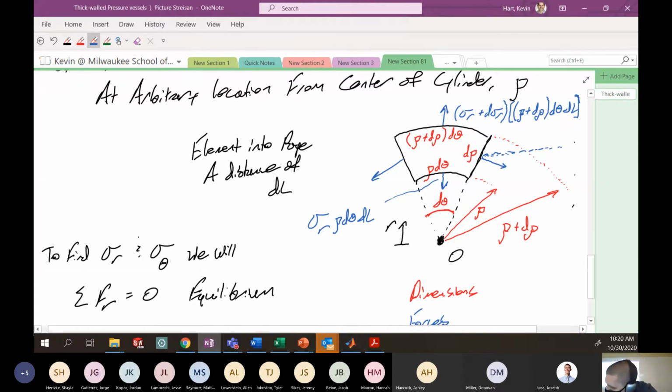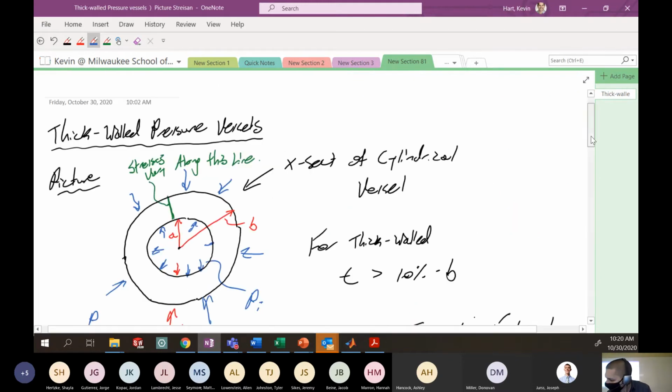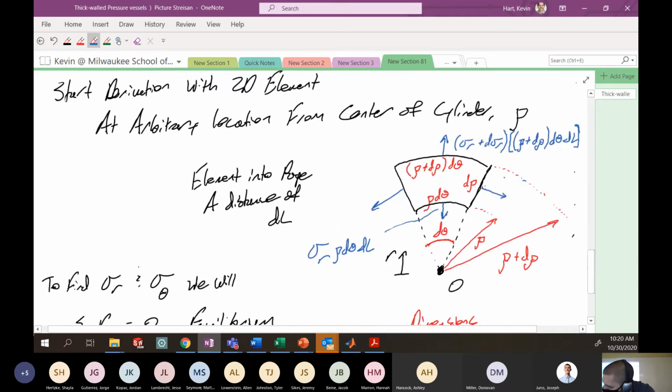If we identify this angle here as d theta on 2, then the force that develops here, this general arrow, is the hoop stress, sigma theta, multiplied over the area which it acts, which is this d rho times dl.